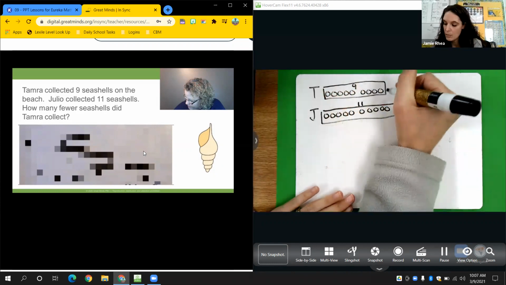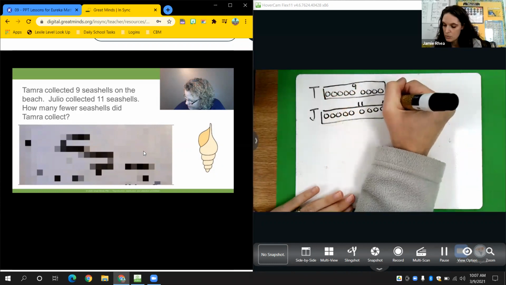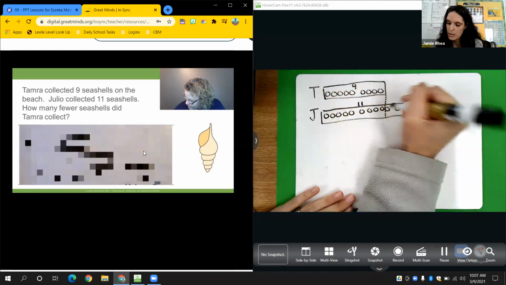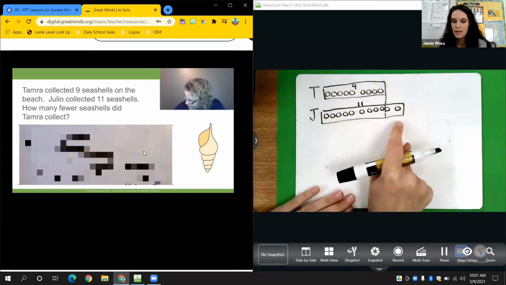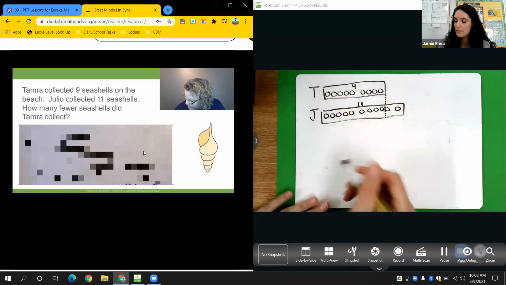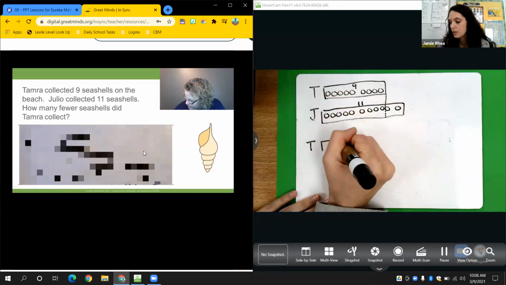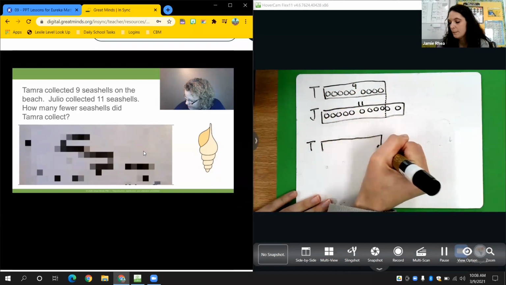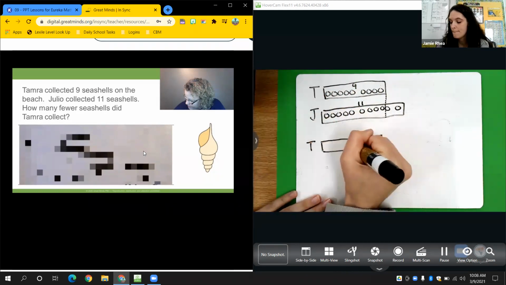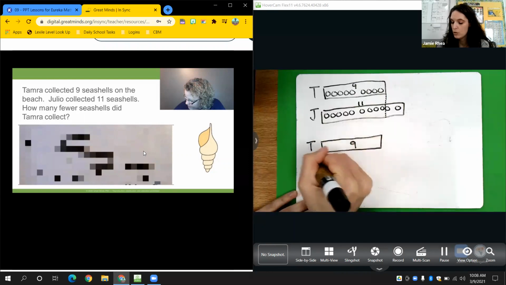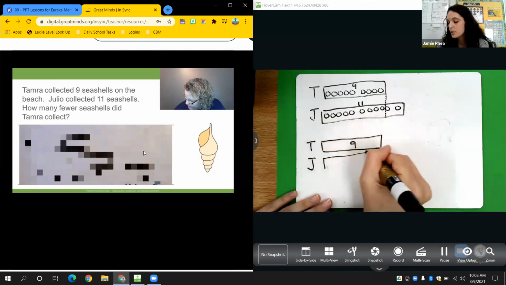Okay. This helps me see it. So now I can come over here and see, there's the 9. Here's how many more that Julio collected, but that's not what we're trying to answer, okay? So let's draw it down here. Make a 9. And then we'll do Julio's. Julio had 11, so we need to go a little further.